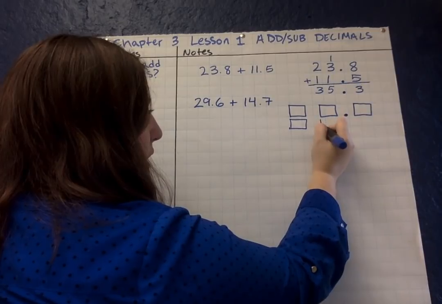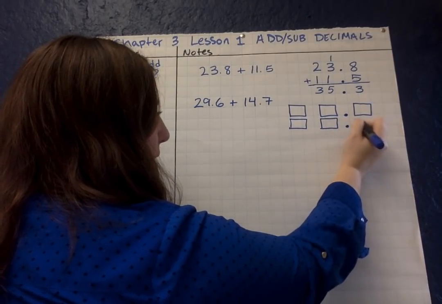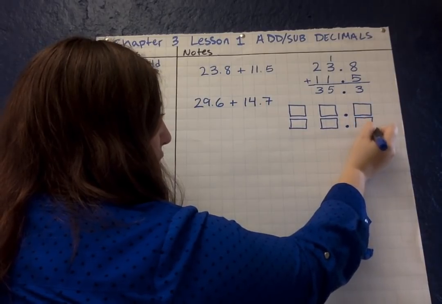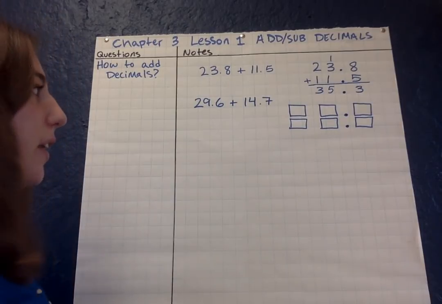Okay, so what I'm doing here is I'm just placing some boxes and placing where my decimals should go so that I make sure I put one number in each box and that my decimals are lined up.